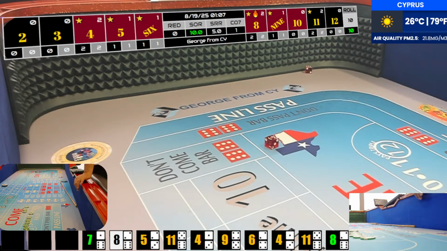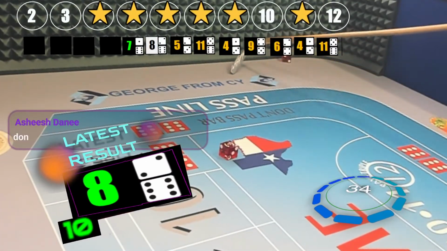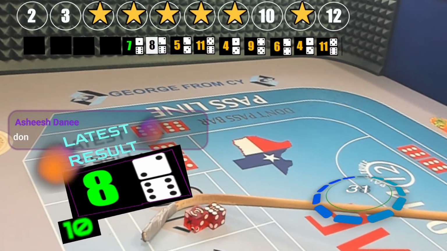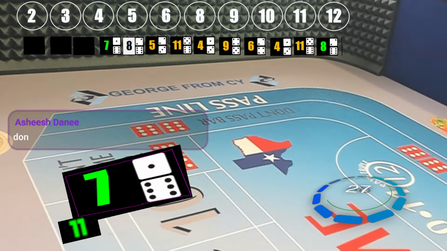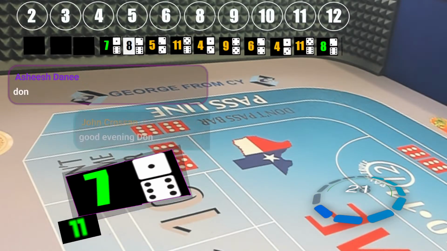Come on, 1, 6. That's a reset. For the ATS, it's okay.